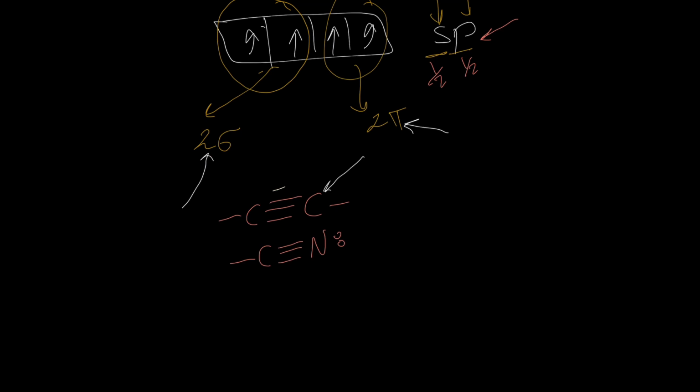Here we have a pi for the triple bond, another pi, and the middle is a sigma bond, and this is a sigma. So for the carbon-carbon triple bond, we have 2 sigma and 2 pi, then it will be sp hybridization. What about CN? Sometimes it's written like this, CN. So when you see any CN, put in your mind that this is a triple bond.